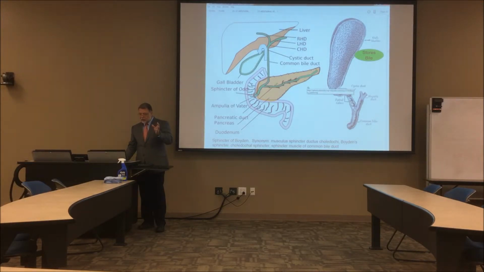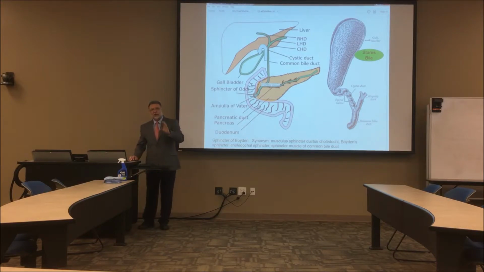So those are important things to understand. There's another accessory pancreatic duct going out, and that's through a sphincter that's called Santorini. The sphincter of Santorini just allows passage of pancreatic juices. It has nothing to do with the common bile duct.